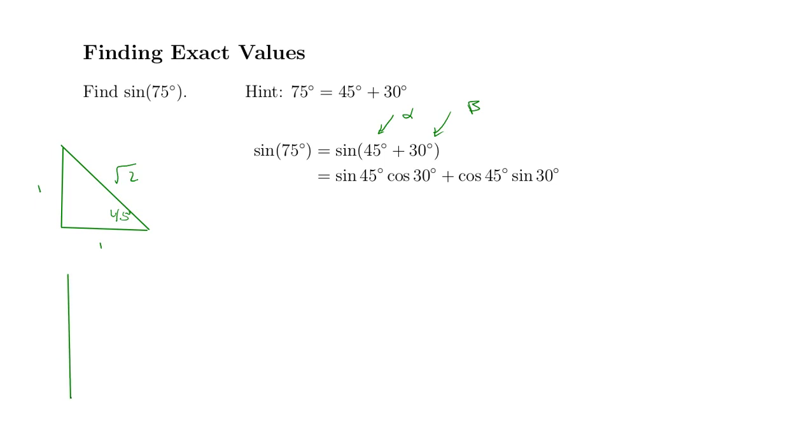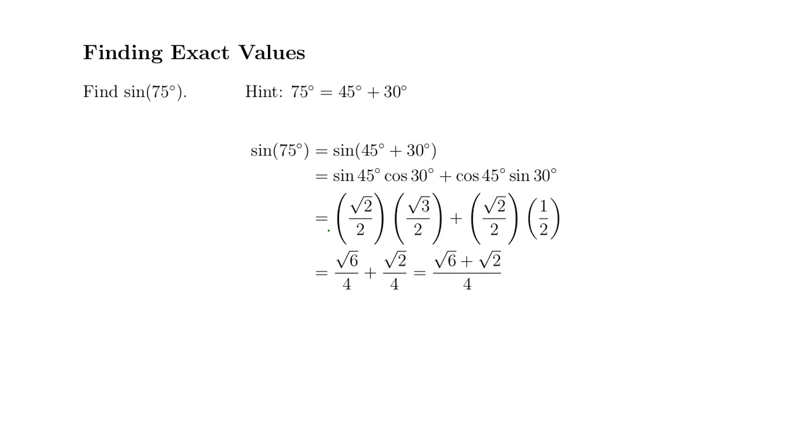We should know that one. Here's 30 degrees right here. This is 1, 2, root 3. So cosine is root 3 over 2. And then you can find cosine of 45 degrees. That's 1 over root 2. And you can find sine of 30 degrees. That's 1 over 2. So we get all these values. We should know these by now.